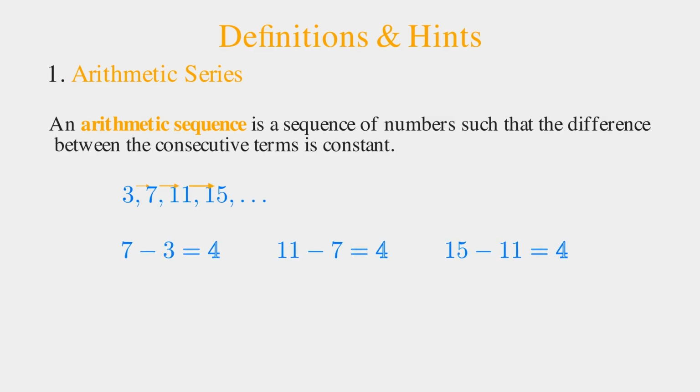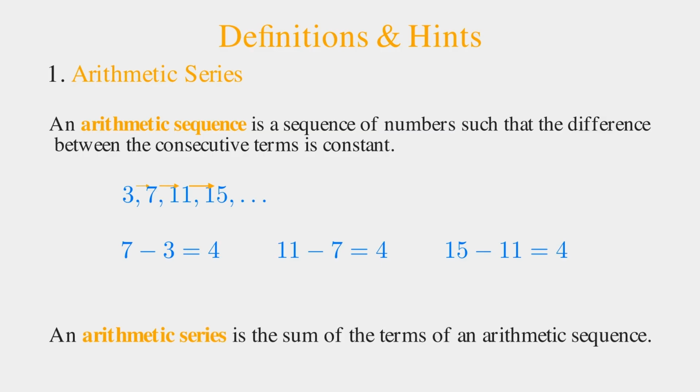Notice that each term increases by 4. This constant difference, 4, is called the common difference, denoted by d. An arithmetic series is simply the sum of the terms of an arithmetic sequence. So instead of 3, 7, 11, 15, we'd have 3 plus 7 plus 11 plus 15, and so on.